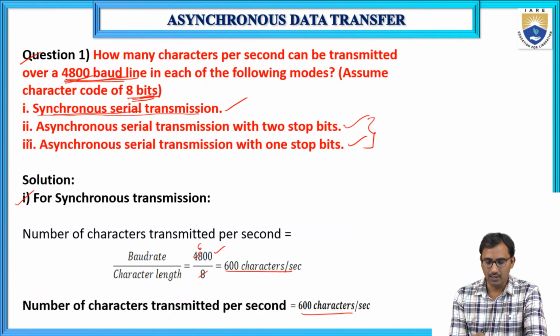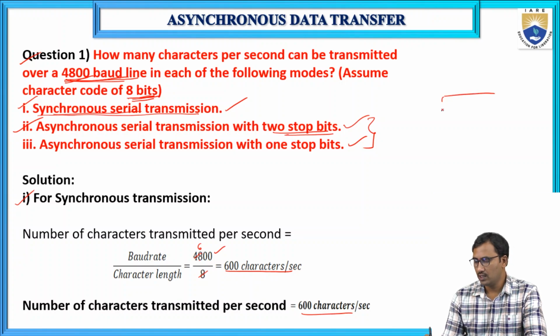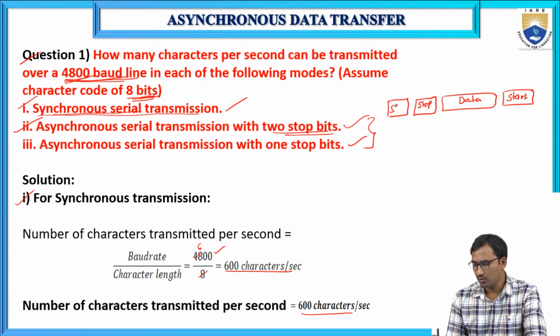Coming to the second one, asynchronous serial transmission with 2 stop bits. In asynchronous serial transmission, we transfer the data using start and stop bits. Suppose this is the data to be transmitted; here we use 1 start bit, and here we use 1 stop bit or 2 stop bits.